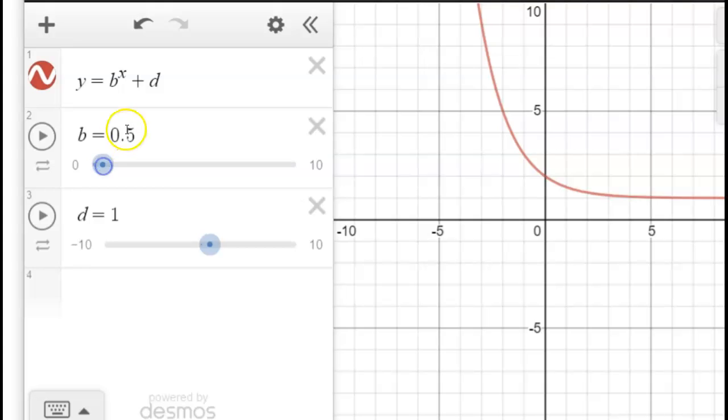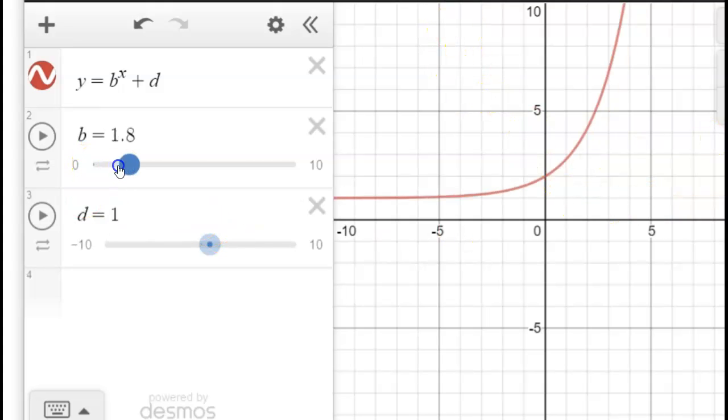Now, if the b number is less than 1, do you see the decay graph? If the b number is bigger than 1, do you see the growth graph?